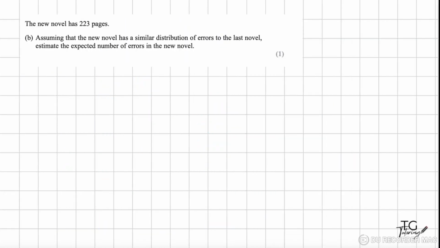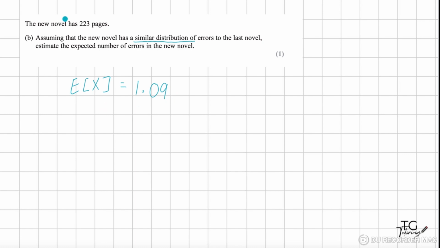So it says the new novel has 223 pages. Assuming that the new novel has a similar distribution of errors to the last novel, estimate the expected number of errors in the new novel. So previously we said that the expected number of errors per page was 1.09.